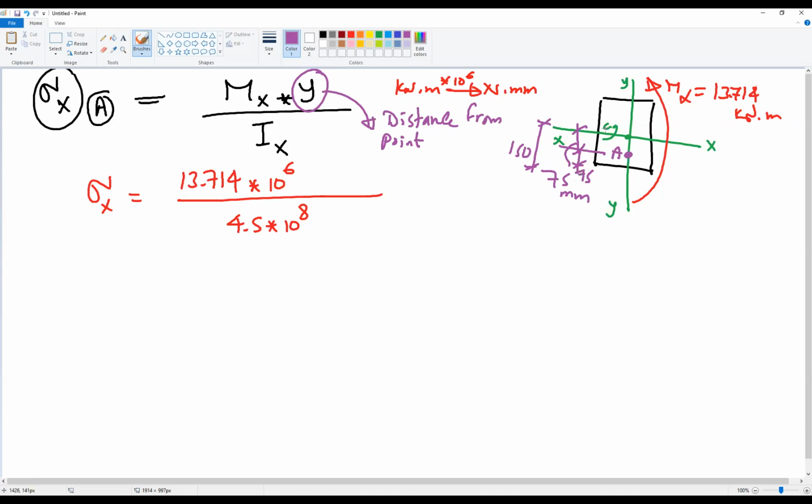And again we said that y is the distance from the point of stress to the centroid. Point of stress is A and centroid is here. So this is y. How much is y in this case? y will be 75.